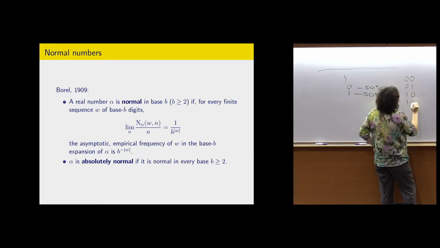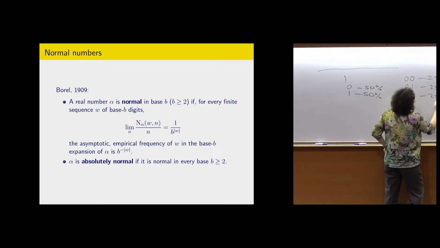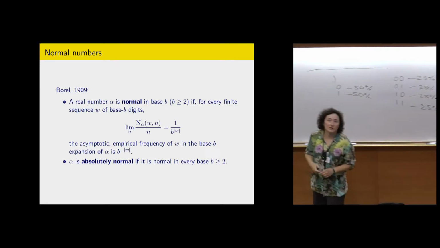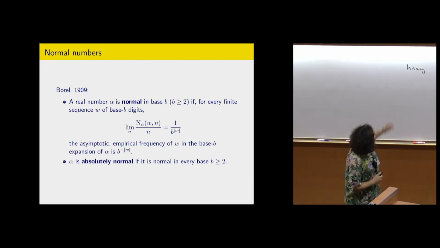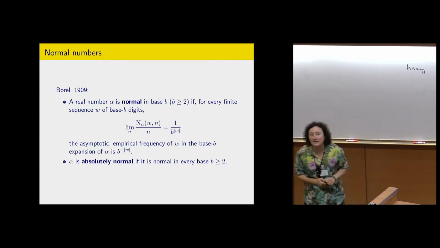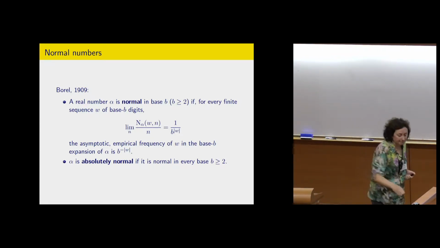So each of these appears 25% of the time, etc. So if these statistics are right for finite strings of any length, you have a normal sequence. In this case, a binary normal sequence. And absolutely normal is defined for real numbers. So in each particular base, you represent the number as an infinite sequence, and the statistics have to be right.